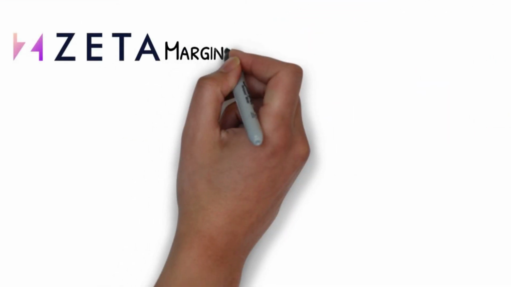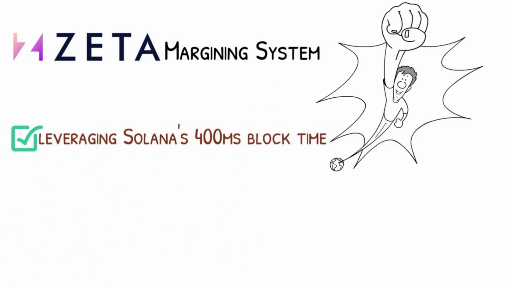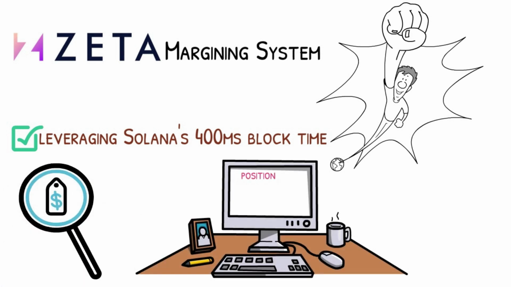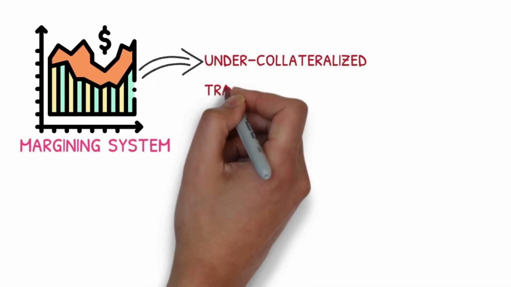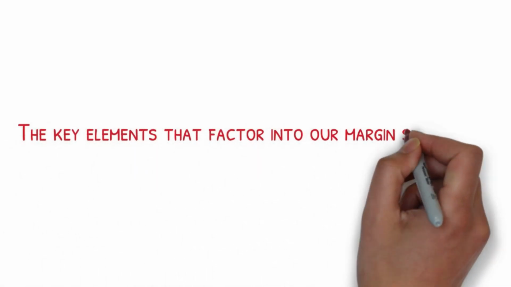ZETA's margining system solves these problems by leveraging Solana's 400 ms block time. This allows us to update prices and monitor positions multiple times per second, enabling the implementation of a margining system which allows for an under-collateralized trading experience that rivals centralized exchanges. The key elements that factor into our margin system are mark pricing.